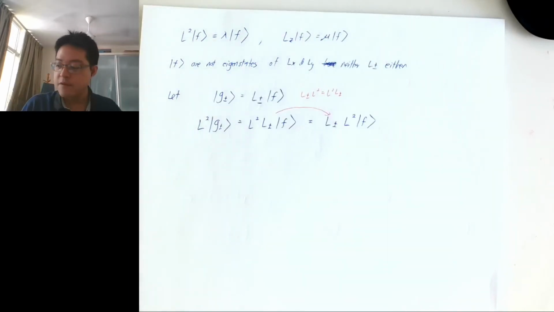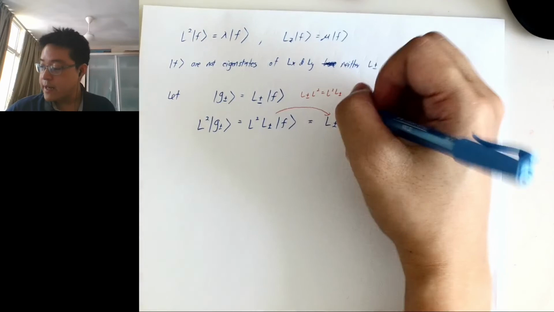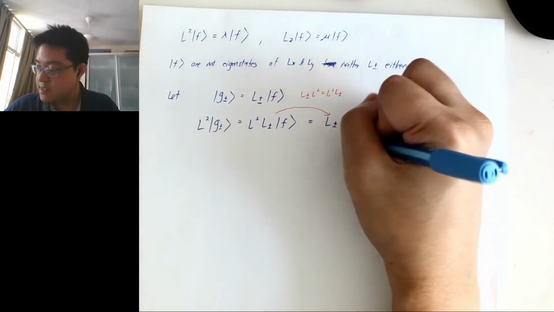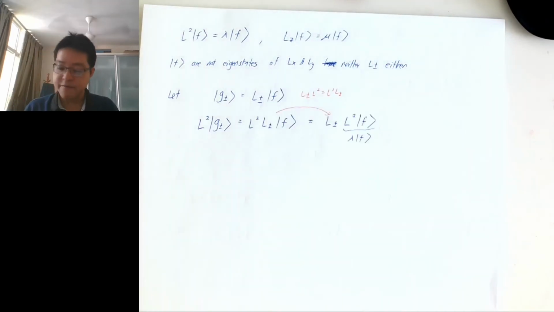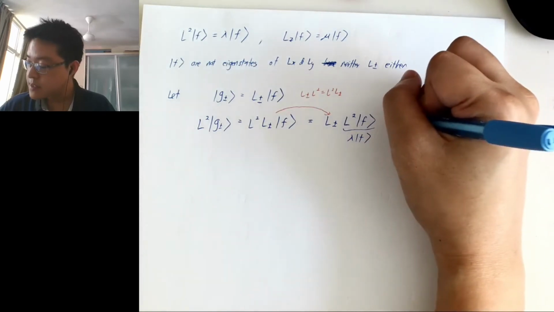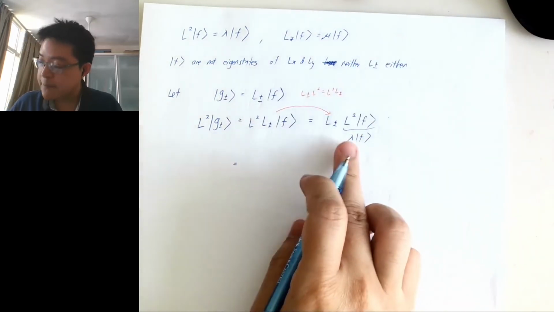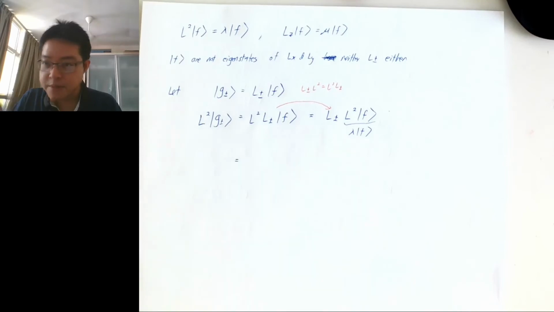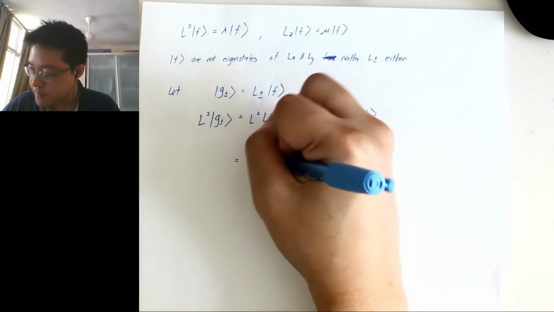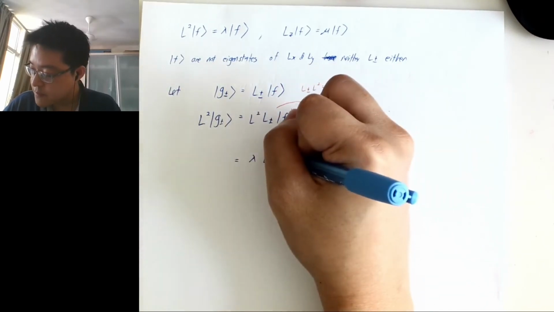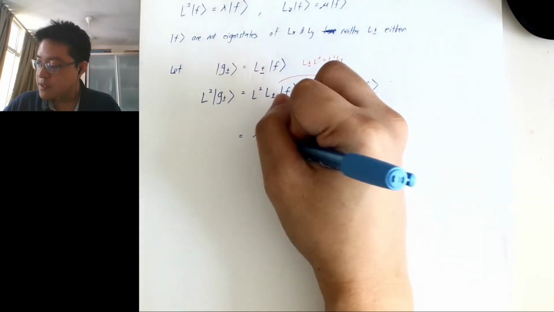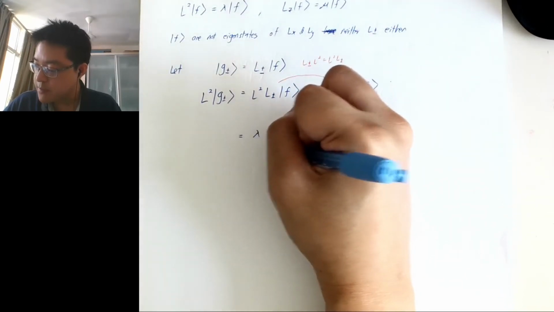Then L squared acting on f is lambda f, which was my eigenvalue. Lambda is a number, so I can shift it to the front. I get lambda L plus minus f, so this is back to L plus minus f again.